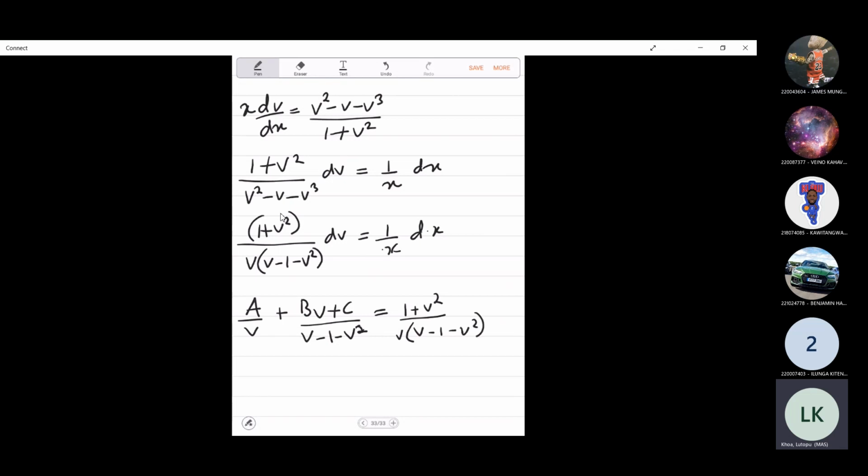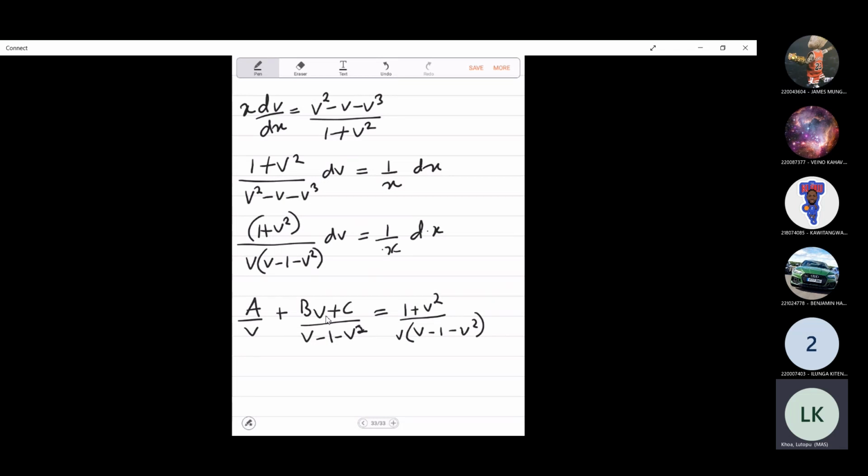So you can see that all the techniques that we have learned from integration, you will have to come and apply them over here. So I'm not going to do the actual working out for partial fractions, because we've done that already.